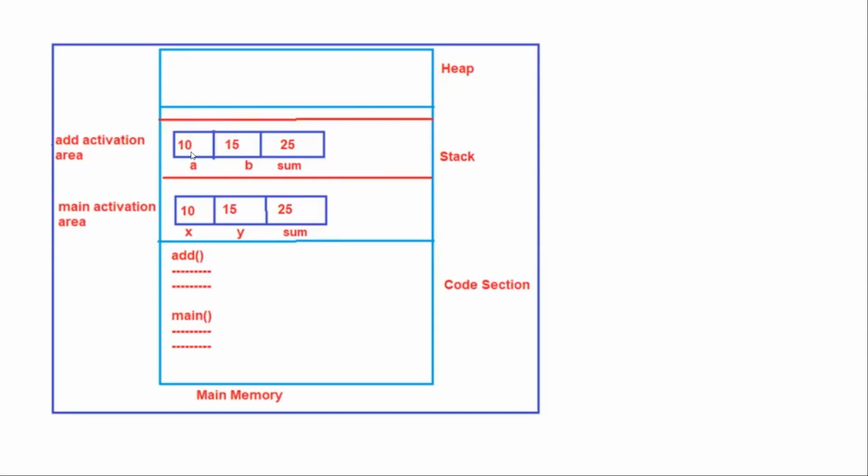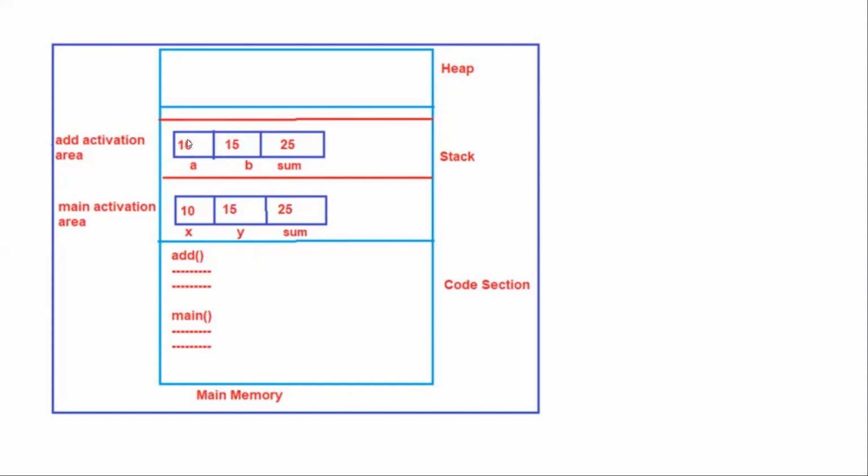That means once you invoke the function, suppose you modify the a value to 20 in the add function, is it going to override the value in the main method also? In the main function the value is 10, 10 is moved to the add method, but in the add method I am going to change the value of a to 20.